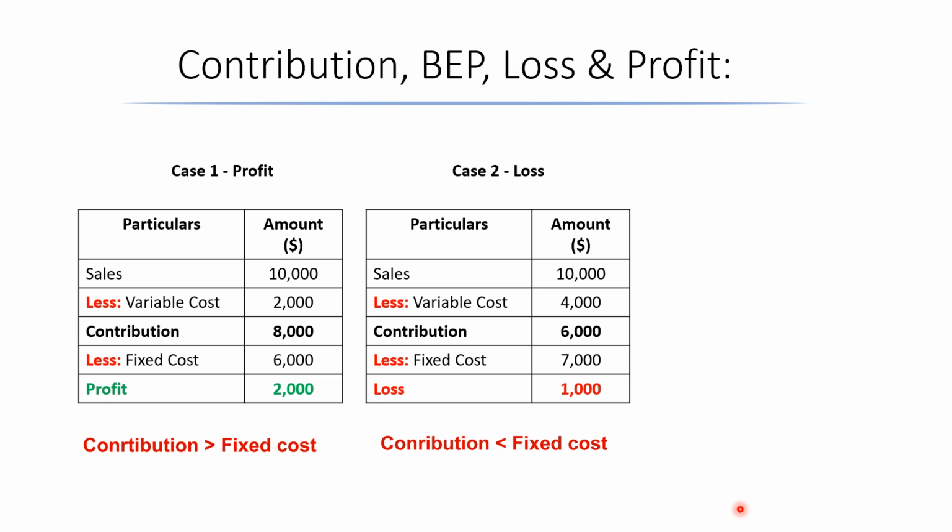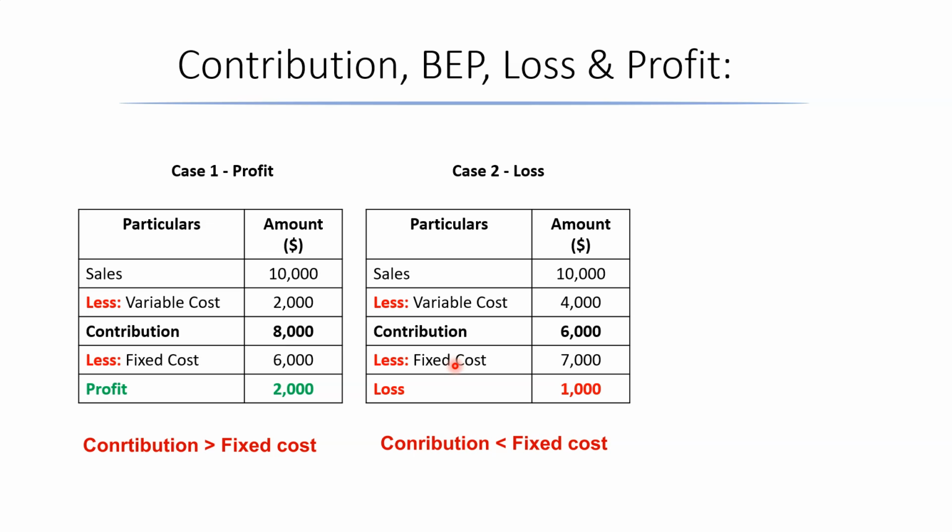If you are contributing less towards fixed cost, then you are having a loss. So what is the definition of contribution? Contribution is referred to as contribution because it contributes towards fixed cost. And if it contributes more towards fixed cost, you will generate profit. If it contributes less towards fixed cost, then you will be generating a loss.